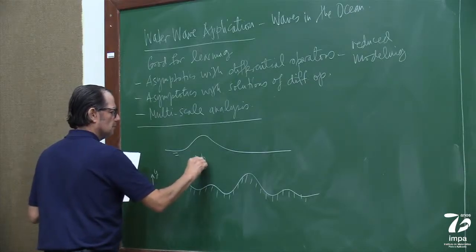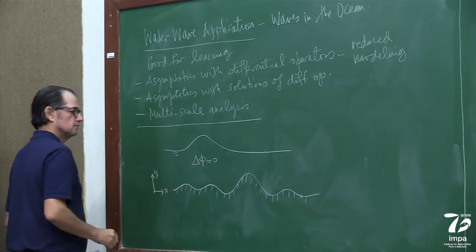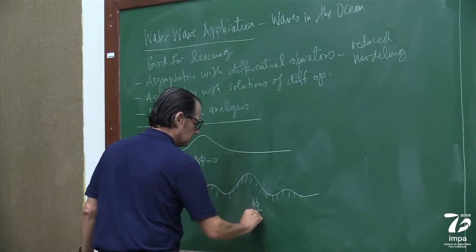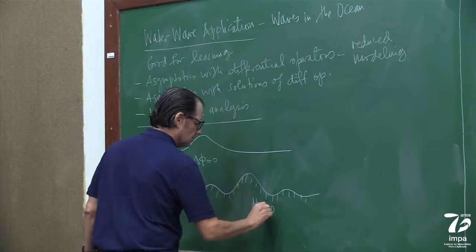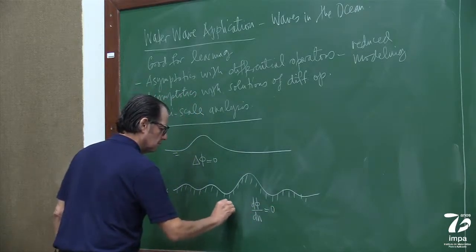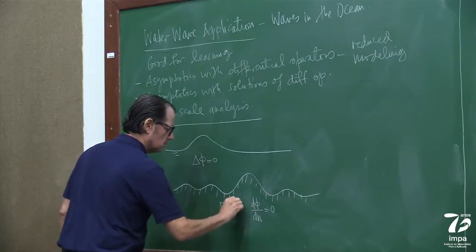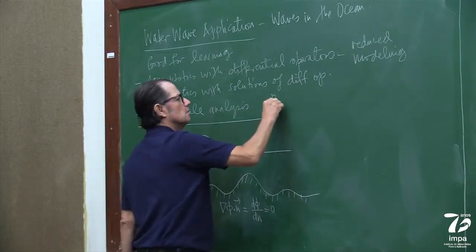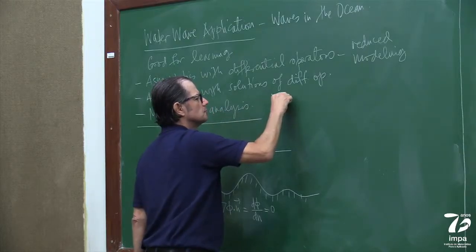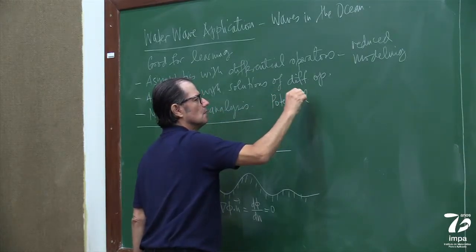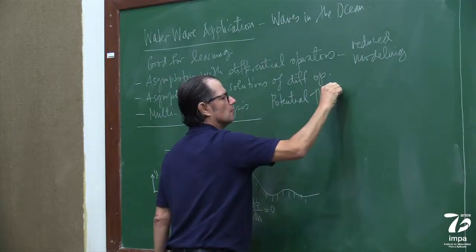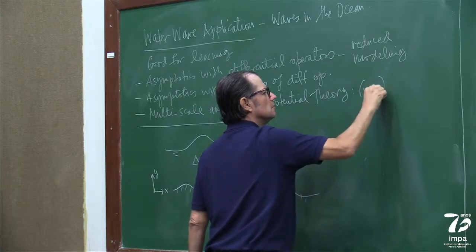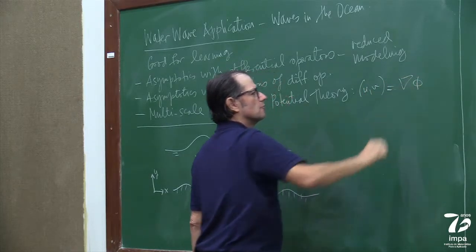So I have Laplace's equation in here. I have a Neumann condition in here, which is basically dphi/dn is 0. And let me remind you, we're doing potential theory, which means that (u, v) is the gradient of phi.